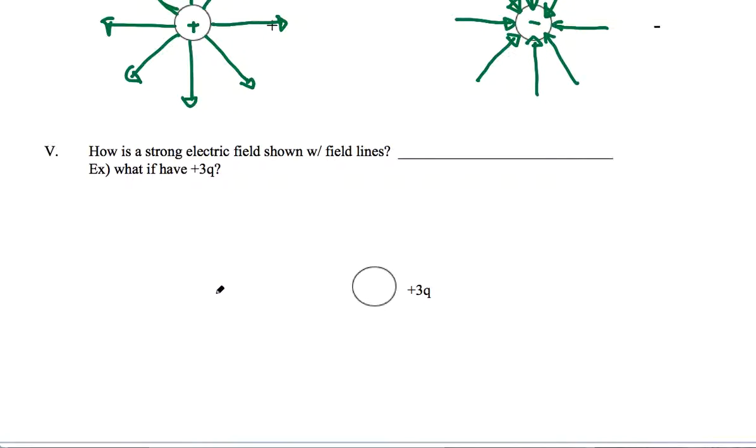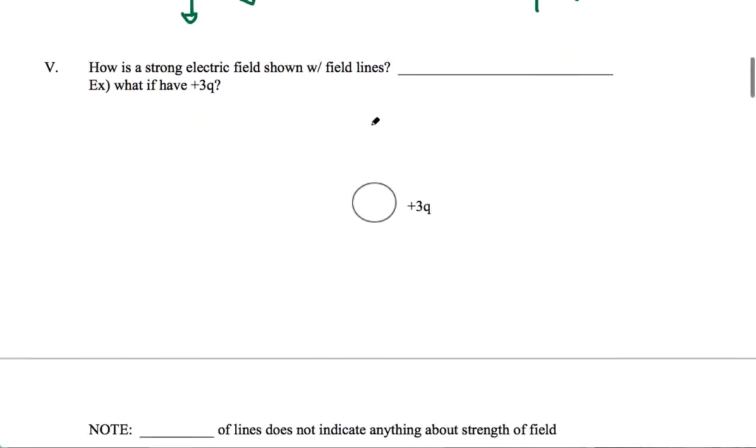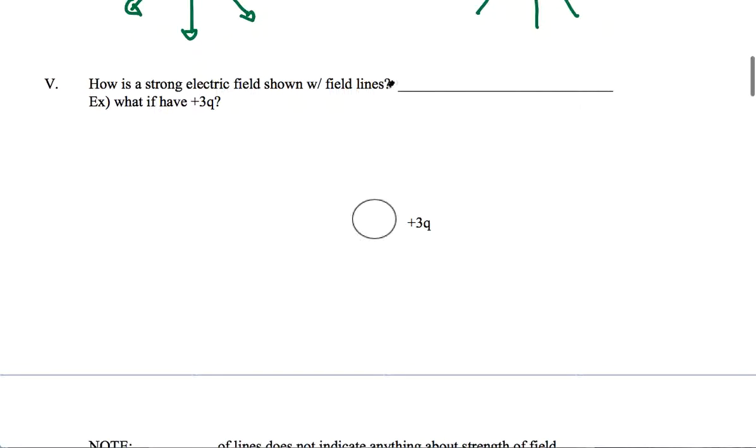So how can we show a strong electric field? Okay, it's not that we would draw longer field lines. We would draw more field lines. So if we add in more field lines, we can get an idea of how strong that electric field is. So let's say this is 3 times the charge.